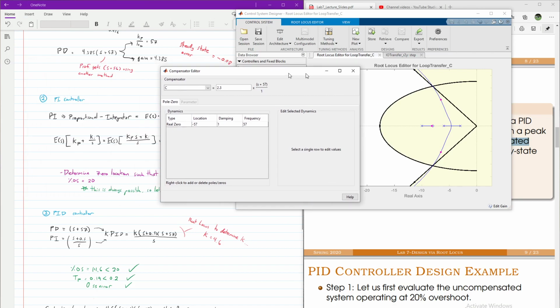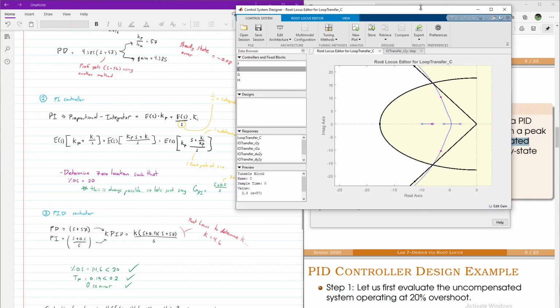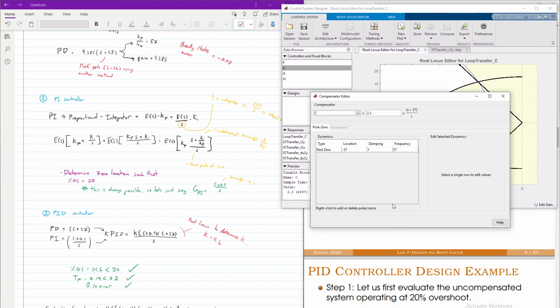So here's our current controller. This is just our PD controller with a 0 at negative 57. We're going to add another real 0 at negative 0.5, right? That's from our PI controller. And then we're also going to add a real pole at 0. That's the 1 over S.